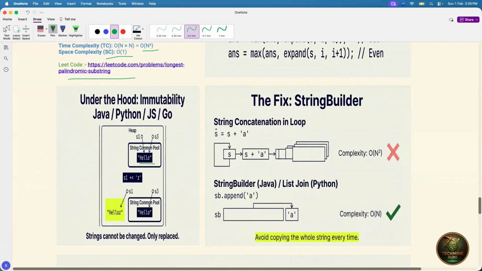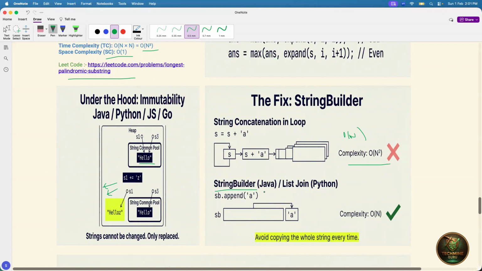For the same reason, when you do string concatenation in a loop, you think the time complexity is O(n), but it is not, since for every concatenation it keeps creating a new object again and again. So the time complexity becomes O(n square). To fix this, in languages like Java, Python, JavaScript, Go, we use something called StringBuilder or string buffer.